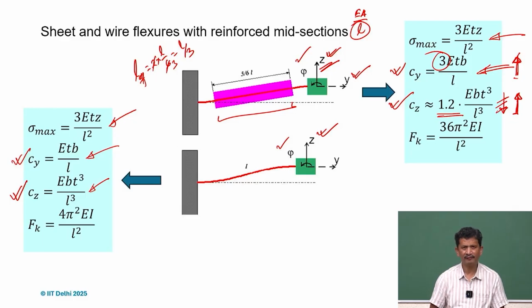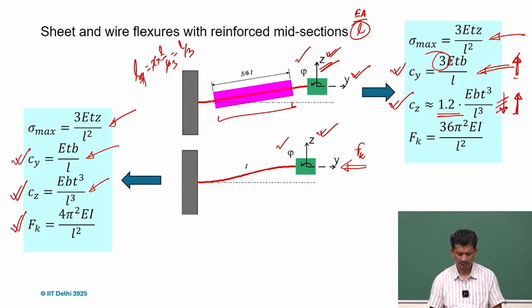In the stiff direction, it's 3 times, so it's much better. So let's look at the other parameters. What happens to the load bearing capacity? Fy, under compression, if there is any compressive load here, the critical load for buckling.